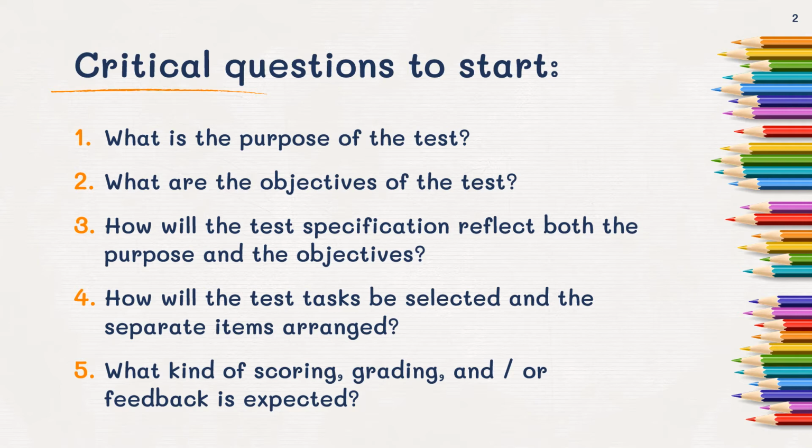We should also ask how the test tasks will be selected and the separate items arranged. And the last one is about what kind of scoring, grading, and/or feedback is expected.